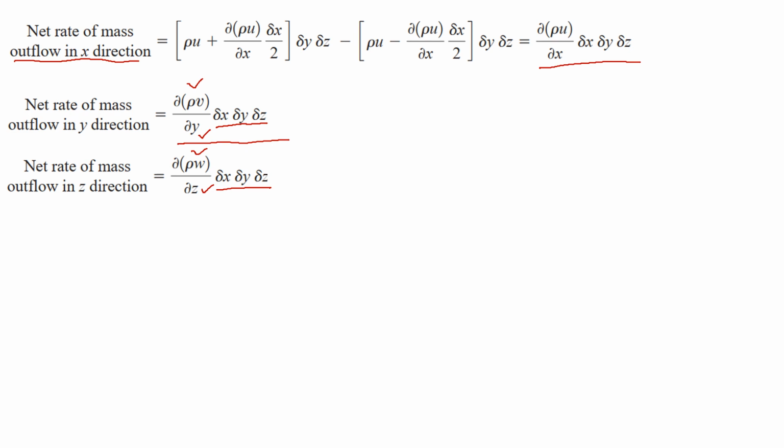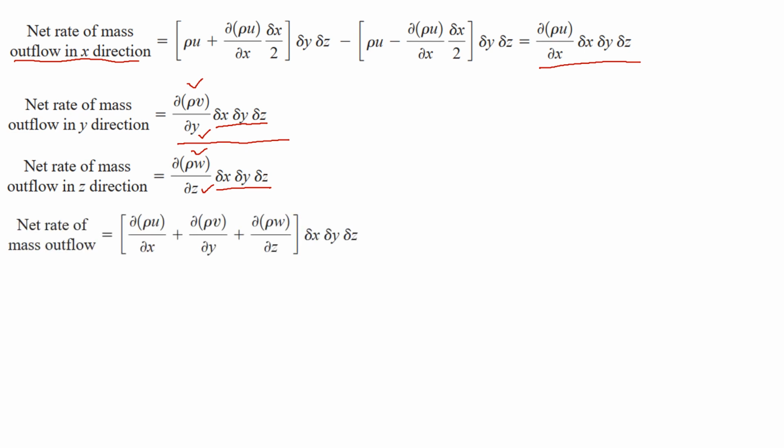Now combining these terms to get a more generalized term, the net rate of mass outflow in all three axes, the x, y and z directions, by adding these terms and taking the volume common, we can write it in the form of this. So what does this represent?